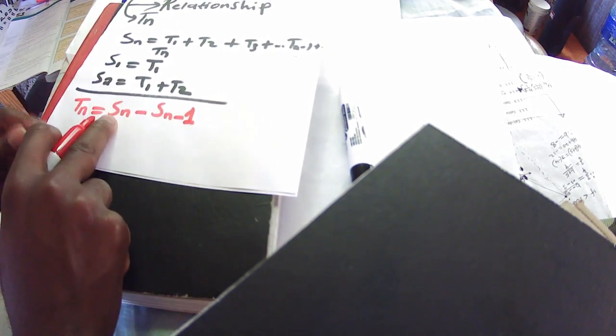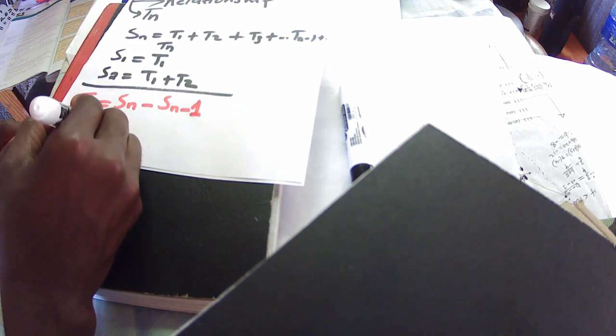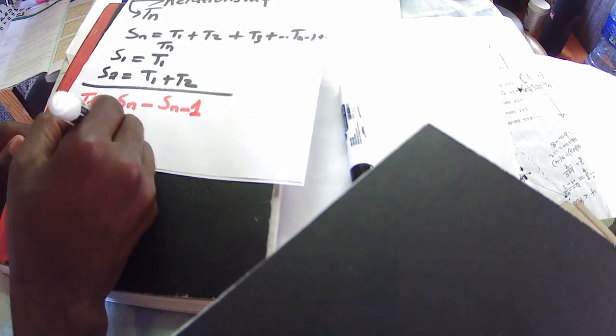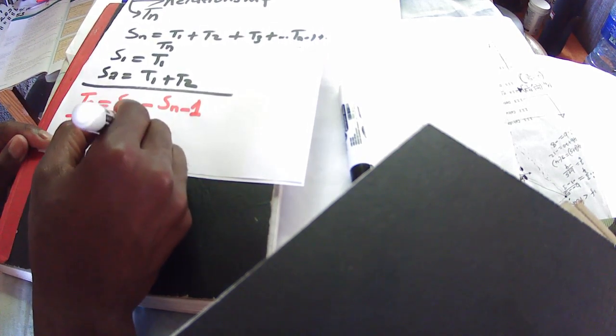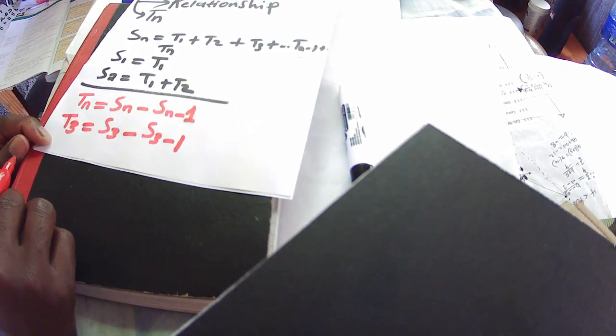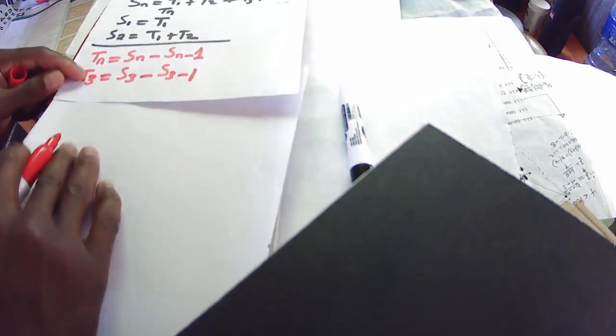What is it that I mean by this? It means that if I am to calculate T3, term number 3, I am supposed to say the sum of three terms minus the sum of three terms minus 1. That gives me term number 3. Let us explain this even further.